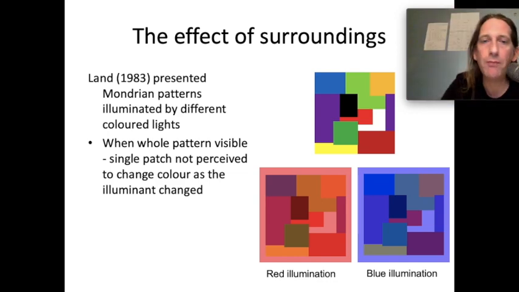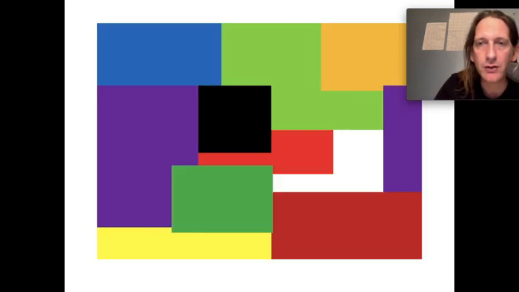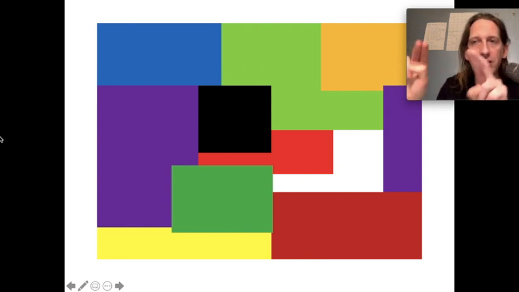Now, when the whole pattern was visible, and people stared at a single patch, they didn't perceive it changing colour. It's a little bit difficult to demonstrate on a computer or a projection screen, but I'll try and show you what I mean. If you stare at this green patch here that I'm illuminating with my cursor, I'm going to change the lighting conditions.